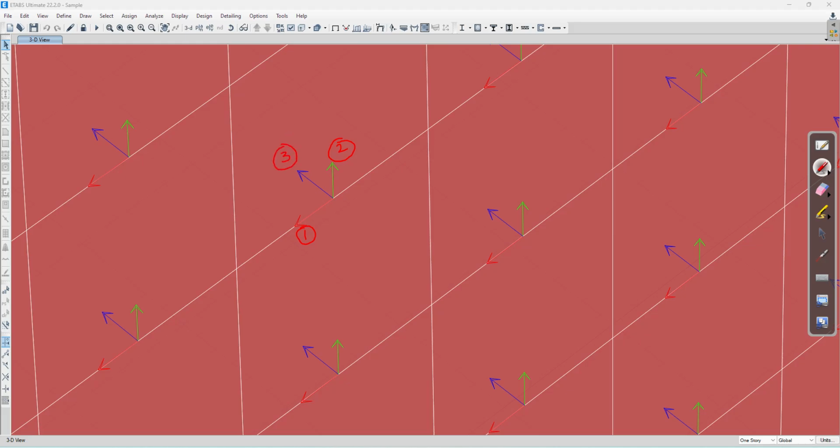Blue is local axis 3. Local axis 1 and 2 are along the plane of wall, whereas local axis 3 will be out of plane. Okay, so this is the local axis for walls.